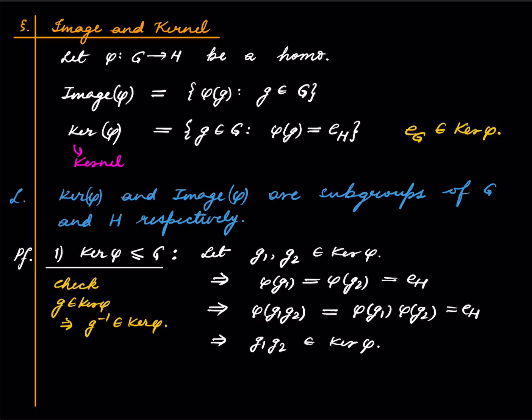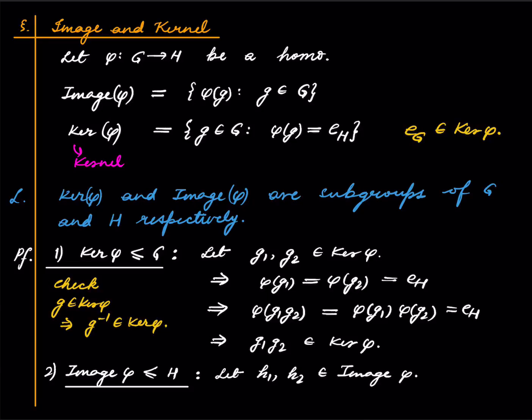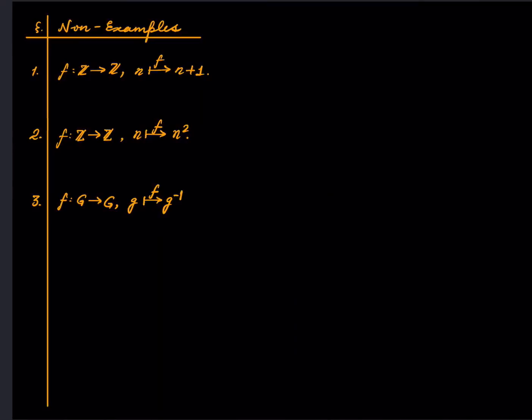And image phi is also pretty simple. It's a subgroup of H. So let me again check the product one. Let H1 and H2 be in image phi. Now since they are in image phi, there exist G1 and G2 such that phi G1 is H1 and phi G2 is H2. Again, we are not trying to say that G1 and G2 are unique, they just exist.